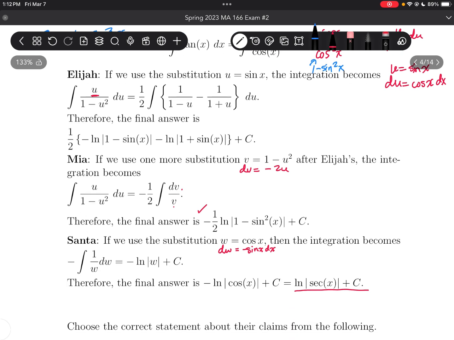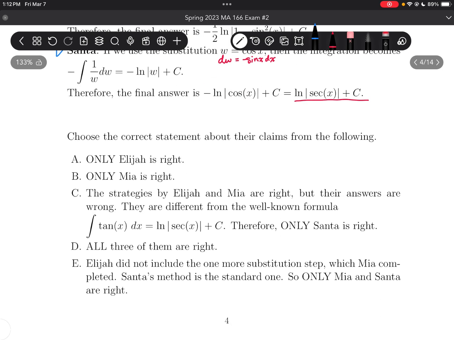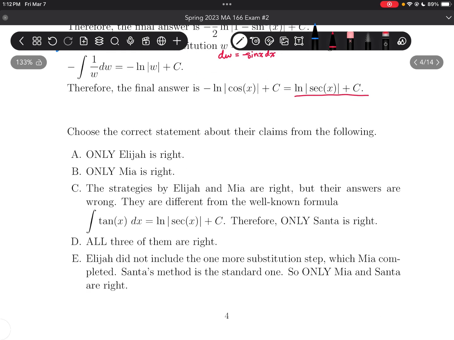Let's use a blue check mark. Santa is correct. Okay. So now we just need to determine whether Elijah and Mia are also correct. Because if we look at the answers, options A and B say only Elijah is right, and only Mia is right.